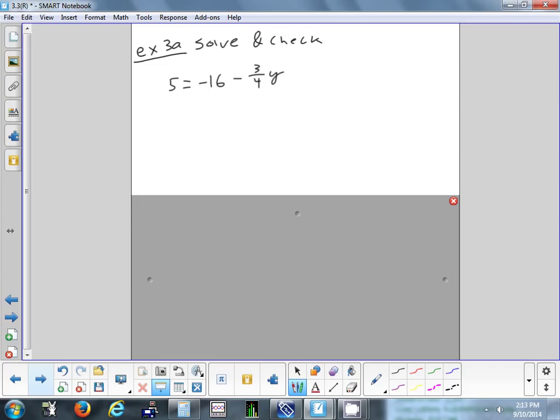Plus 16. Can't add 16 to 3/4 because that has a y. So we're going to add the 16 to the 5. 16 cancels out. What's 16 plus 5? 21.